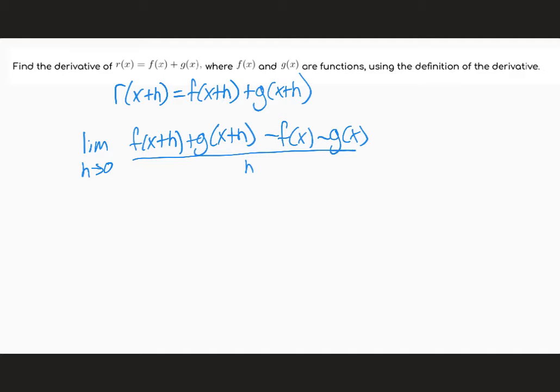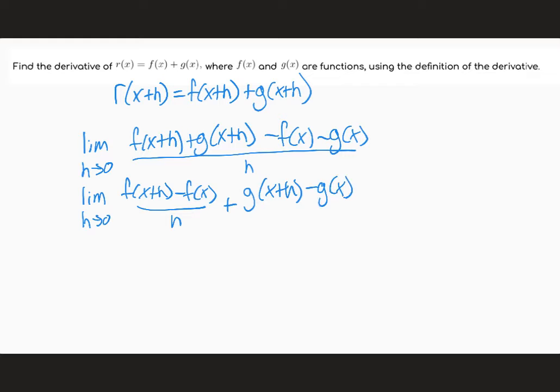What I'd like us to be aware of is that we can rewrite this as two separate fractions. So the limit as h approaches 0 of f of x plus h minus f of x over h. And then to that I'm going to add g of x plus h minus g of x over h. What I'd like you to notice is that we can use a limit property again.